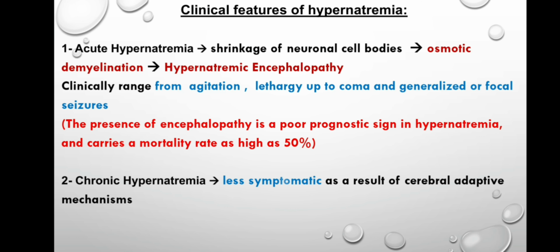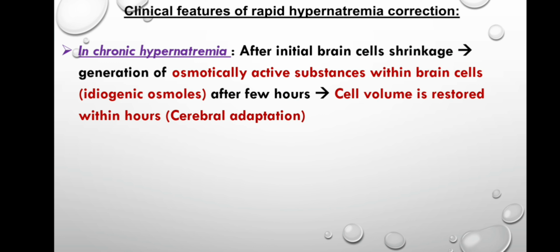Here again, in chronic hypernatremia, after brain cell shrinkage, the brain adaptive mechanism will start, and generation of osmotically active substances within the cell will be formed. يعني البرين will generate osmotically active substances called idiogenic osmoles.